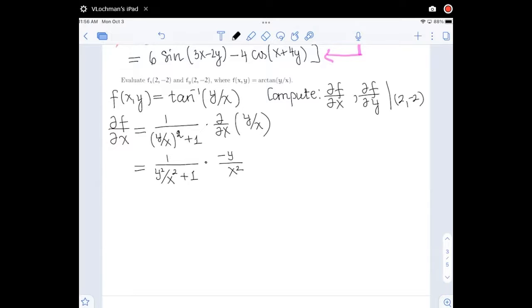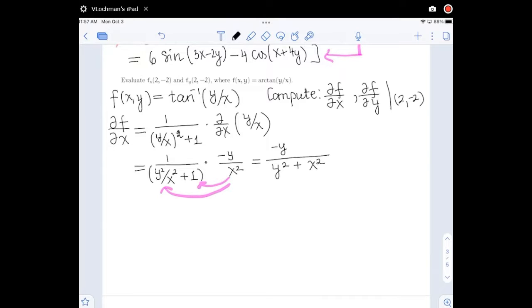So now I'm going to multiply this through, remembering I'm multiplying through everything. This would be negative y over, and this simplifies nicely. This becomes y squared plus x squared.